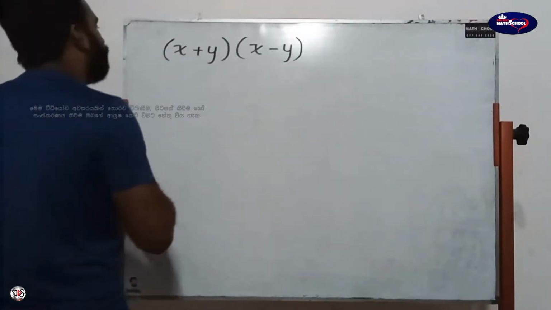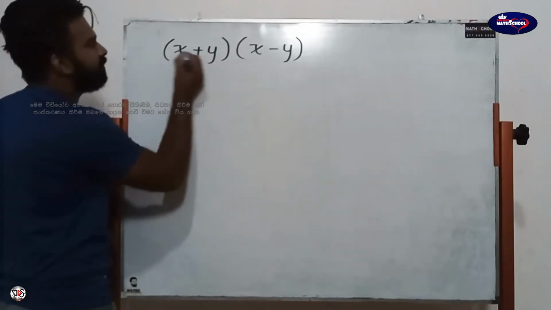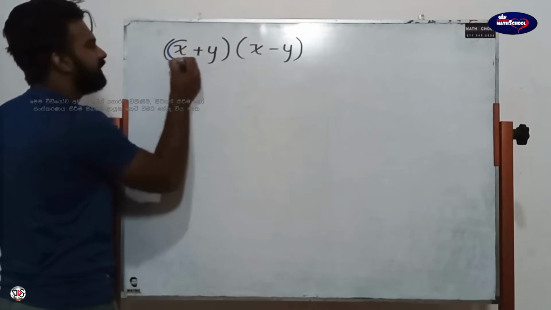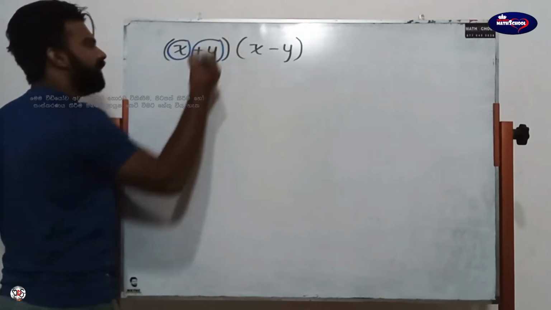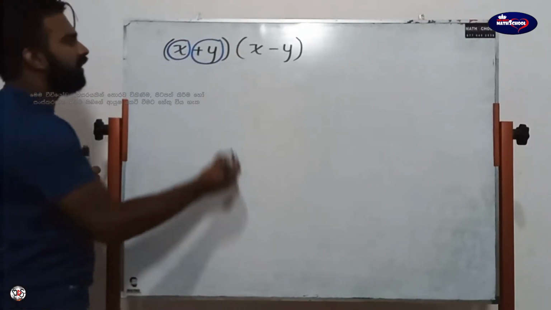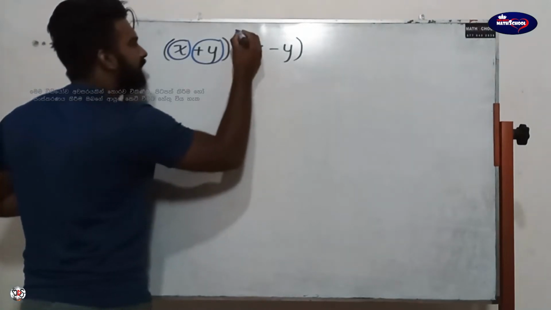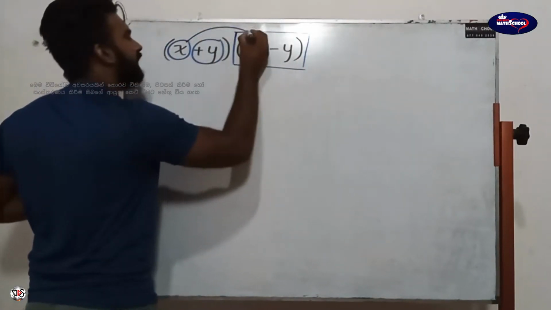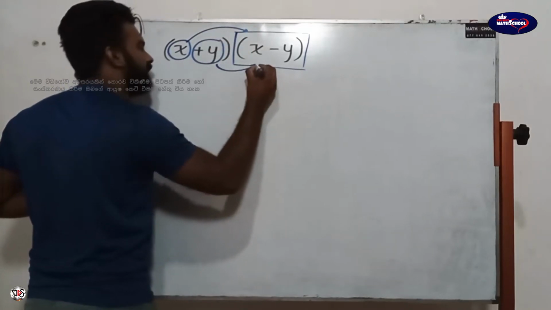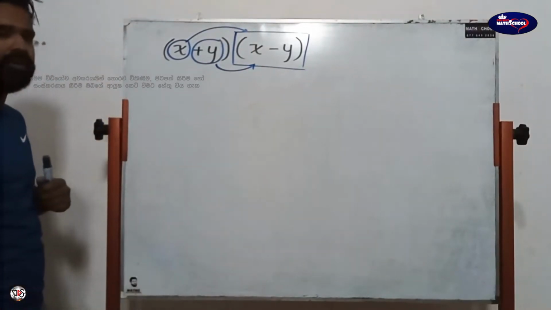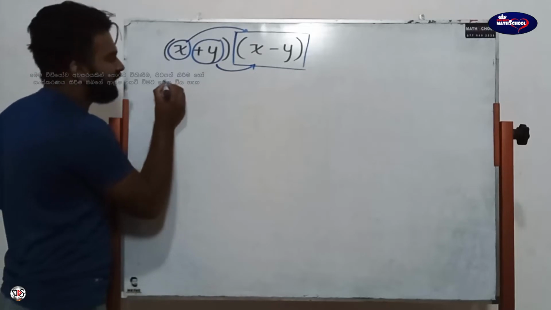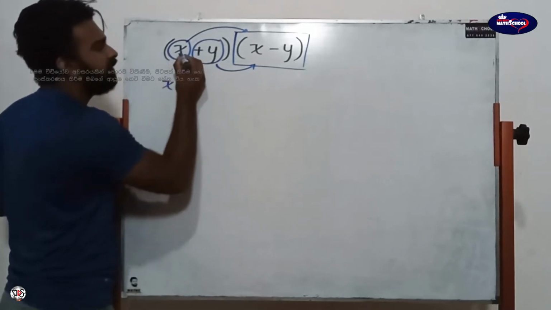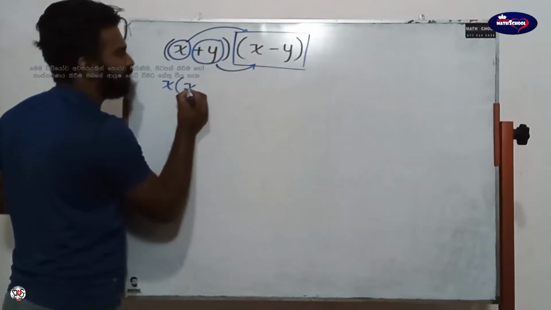We have two parts, that means two algebraic terms here, x and plus y. So first of all, we are going to multiply the binomial expression x minus y by x, and then by plus y. So from this x, we are going to multiply the expression x minus y.